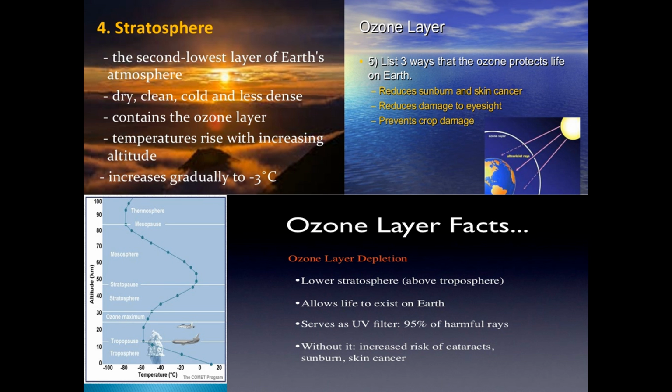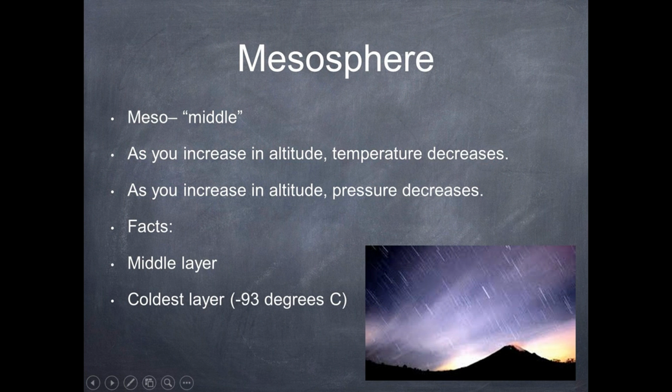Above the ozonosphere or stratosphere, the boundary layer of the homosphere is the mesosphere. Meso means middle. In this layer, water vapor and various gases are short in amount.